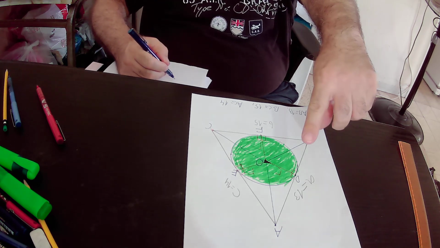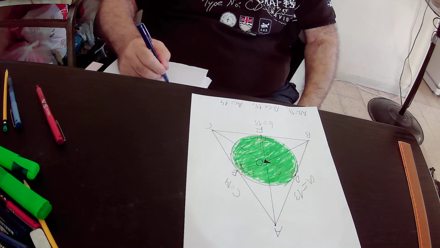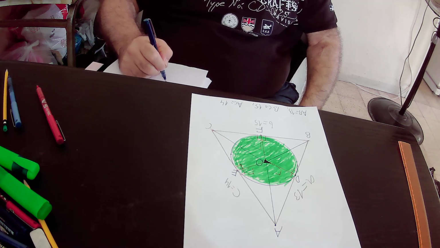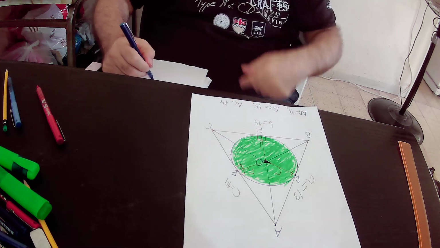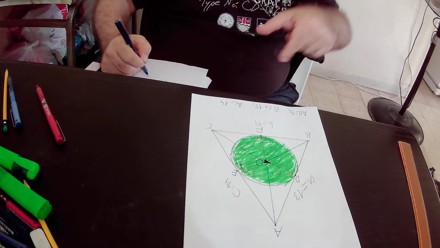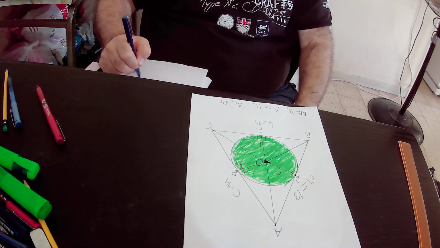A equals 13 units, it is given in the question. A equals 13 units, C equals 14 units, and B equals 15 units.